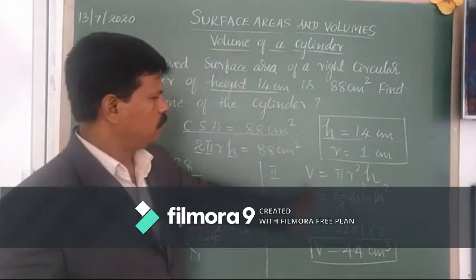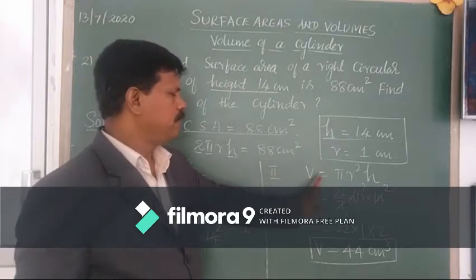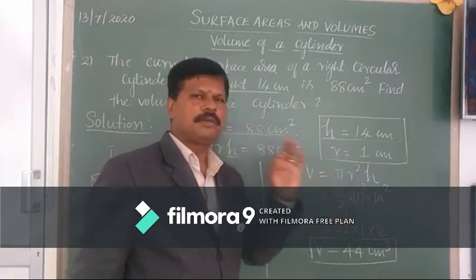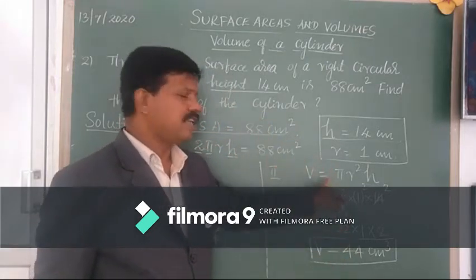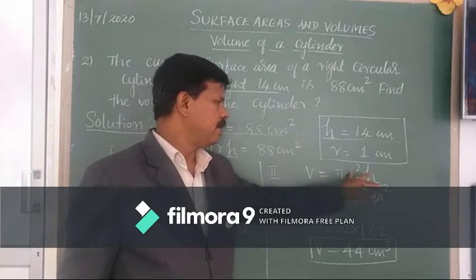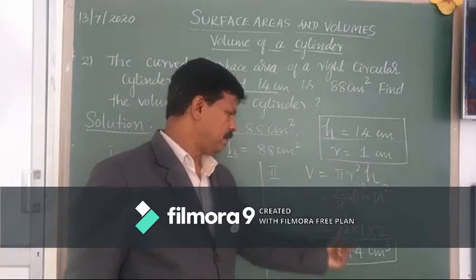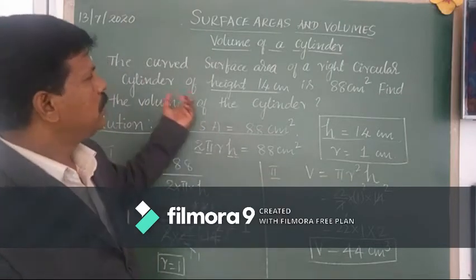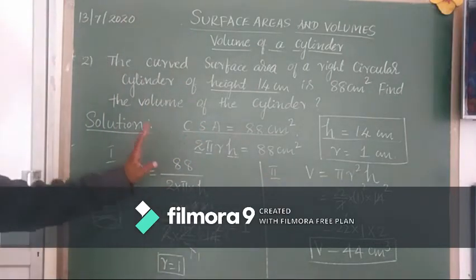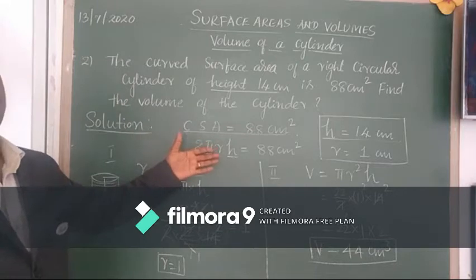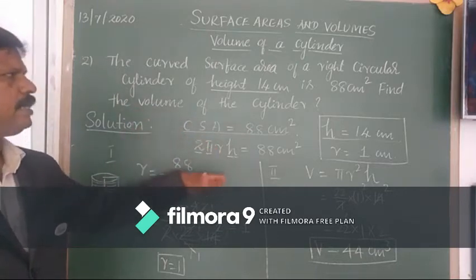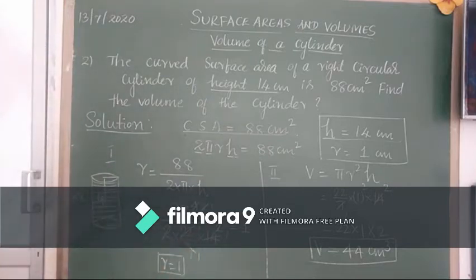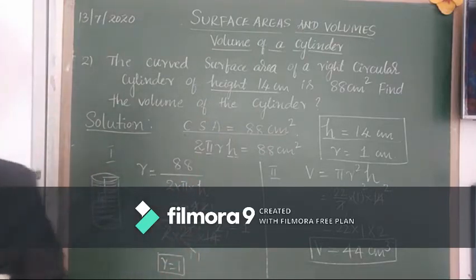Make use of these two, then write the formula V is equal to pi r square h. Then 22 by 7, always remember the pi value is constant, into 1 into 14. So this is the answer. Clear? So this is another type of question. Here they do not give the radius, they give the curved surface area, and from that we find the volume of the cylinder.